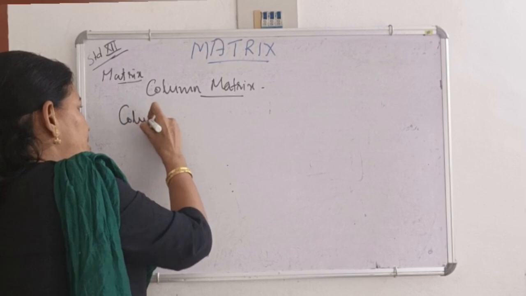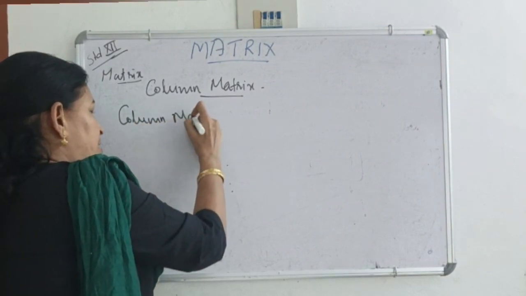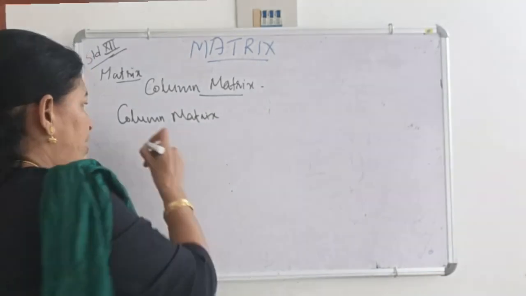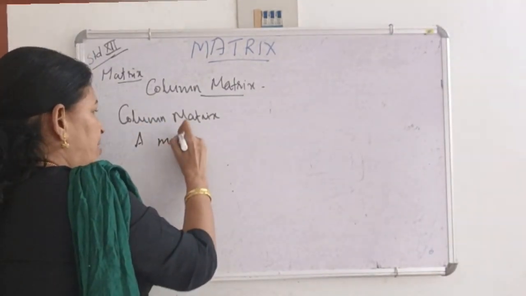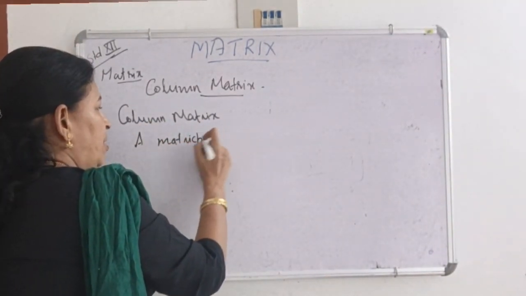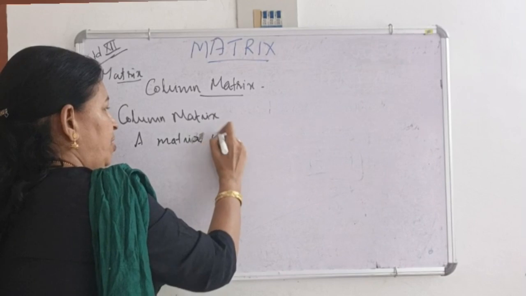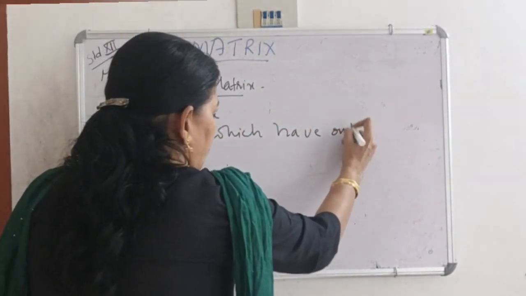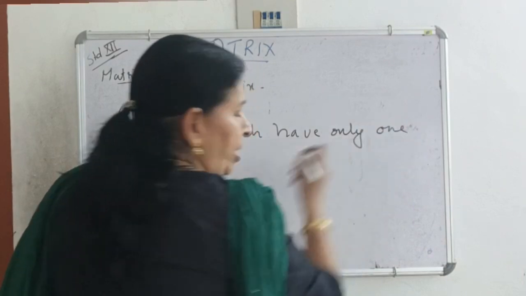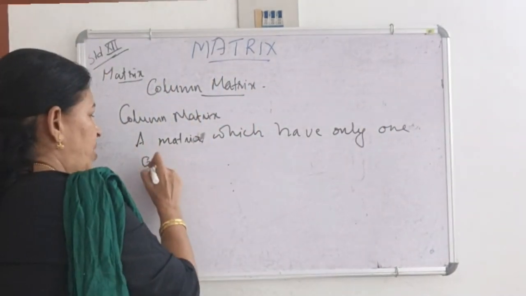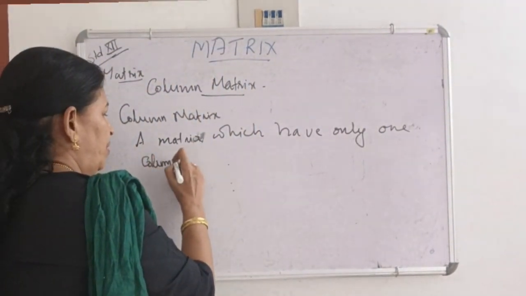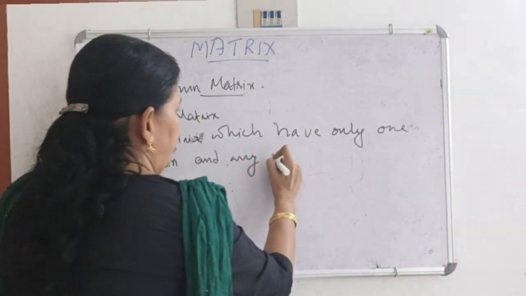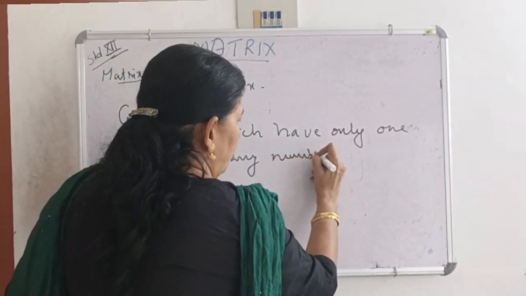Column matrix. What do you mean by a column matrix? A matrix which has only 1 column and any number of rows.